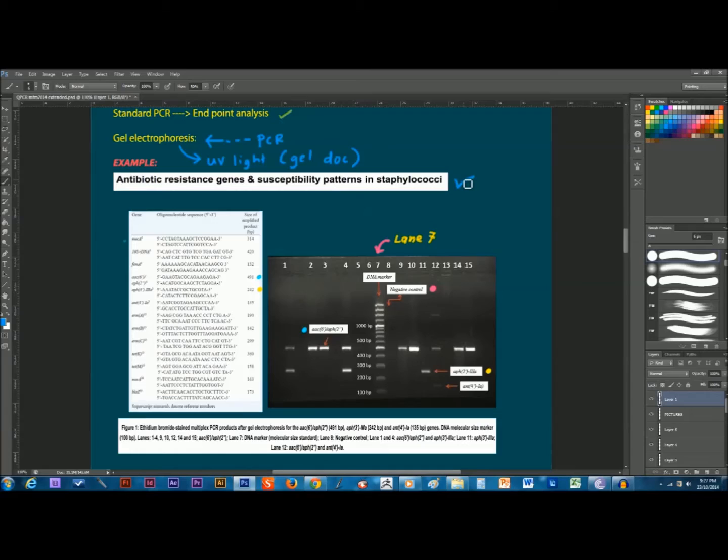The researcher used several genes to be amplified using specific pairs of primers, and we already determined the size of the amplified product. This is what happens in standard PCR.